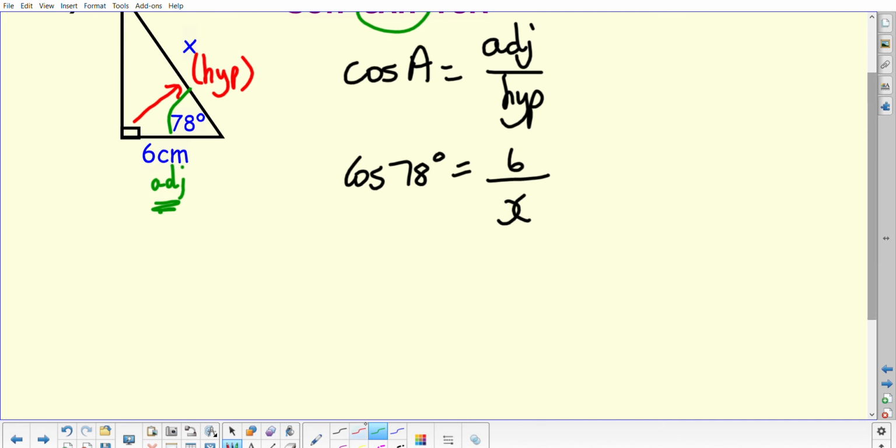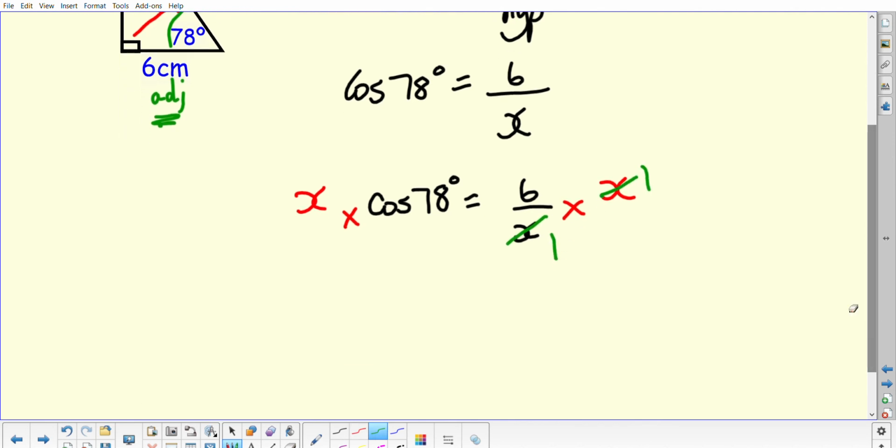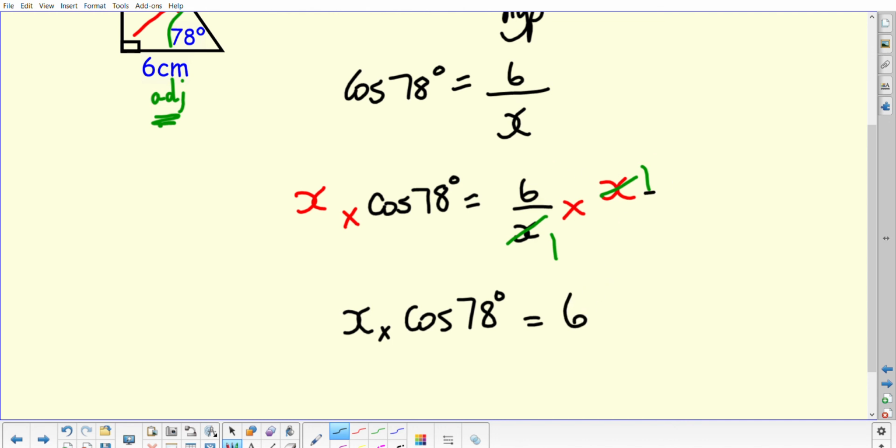So the thing to do here to get rid of your fraction, you do the opposite of dividing by x. You are going to multiply by x, and you are going to multiply by x on both sides. When we multiply by x over here, these x's will cancel. So what we're then left with is x times cos 78 is equal to, and we've just got 6 times 1 here, which is 6.